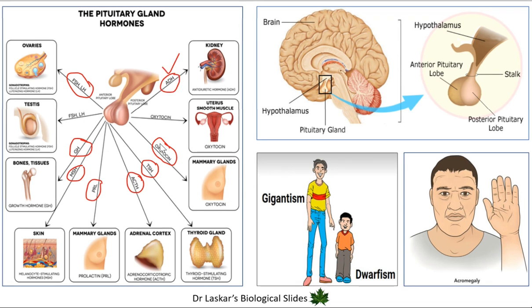Now these two hormones, vasopressin or ADH and oxytocin, are released by the posterior part of the pituitary gland, and the other hormones which I have mentioned here are all released by the anterior part of the pituitary lobe.